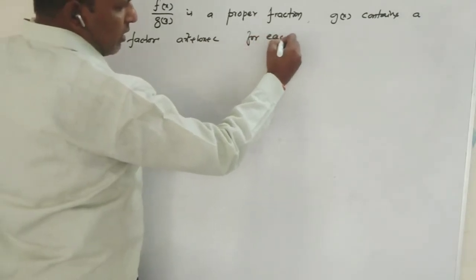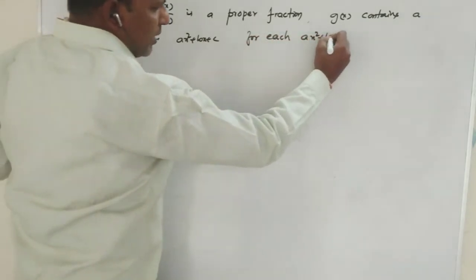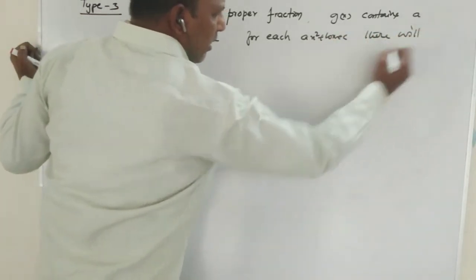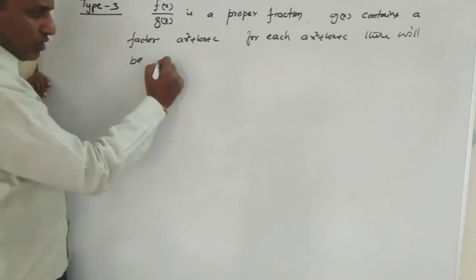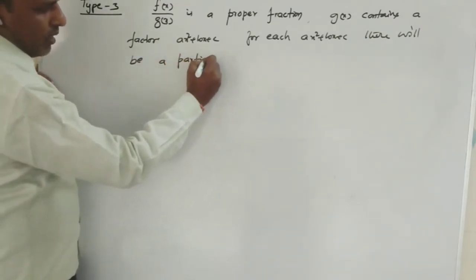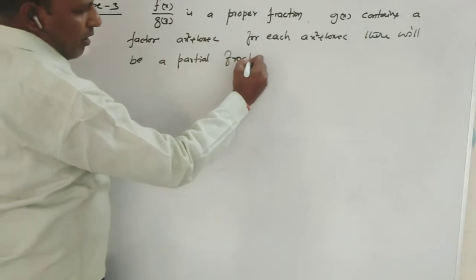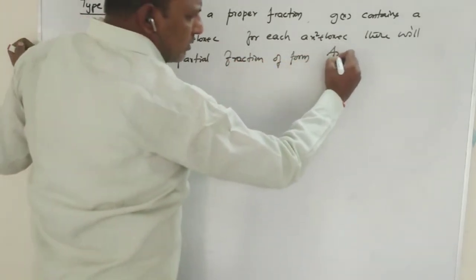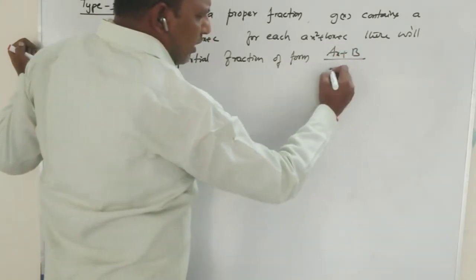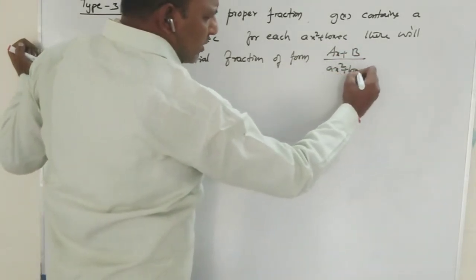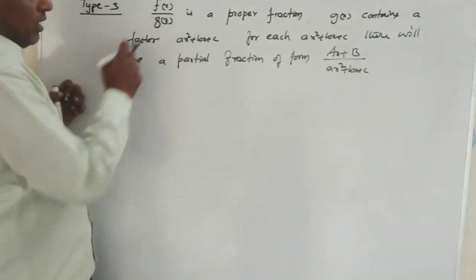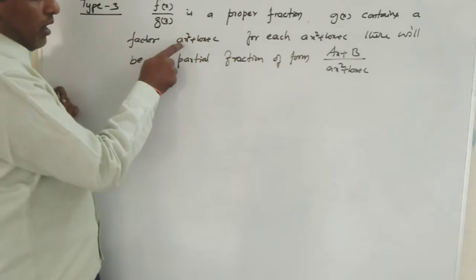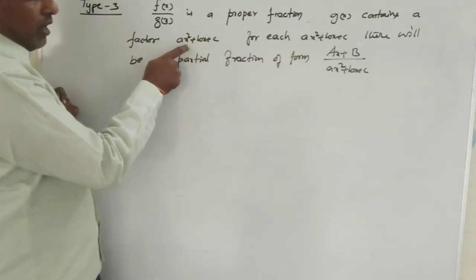For each ax square plus bx plus c, there will be a partial fraction of the form ax plus b by ax square plus bx plus c. G of x contains an irreducible quadratic expression.